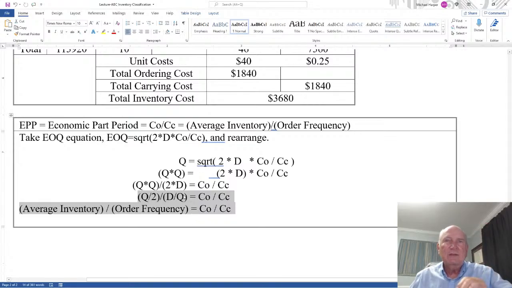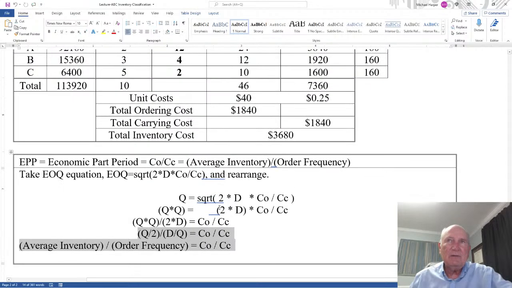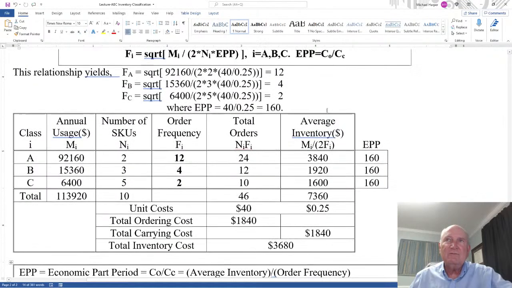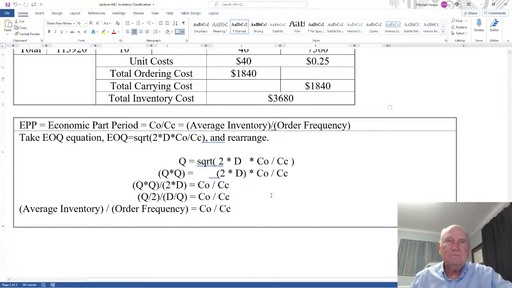So therefore, this lot size Q came about from an optimal minimum cost calculation. So therefore, the average inventory over order frequency is that ratio. Well, let's see if that's true. Let's come up here and say, here's my average inventory, and there's my order frequencies, right?